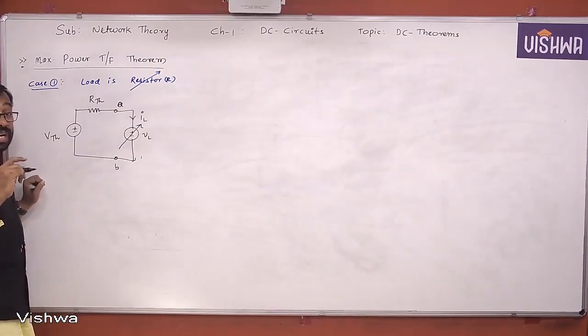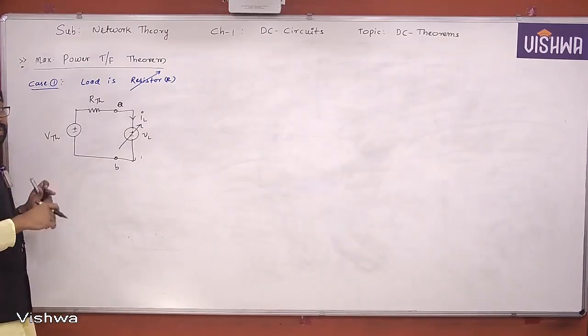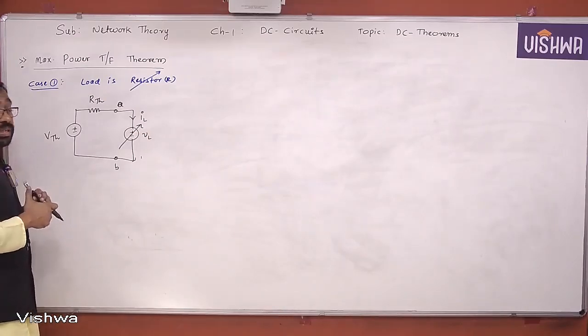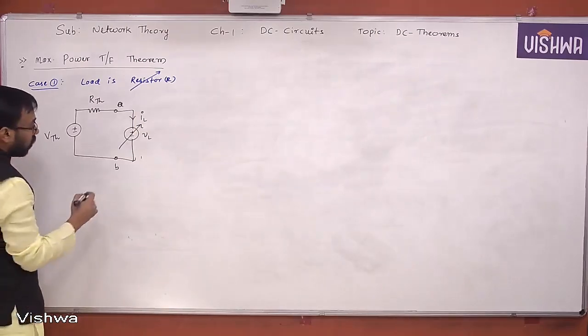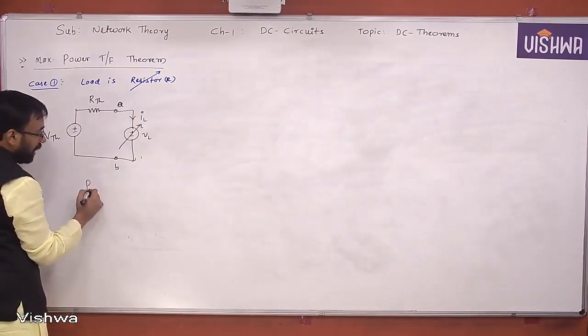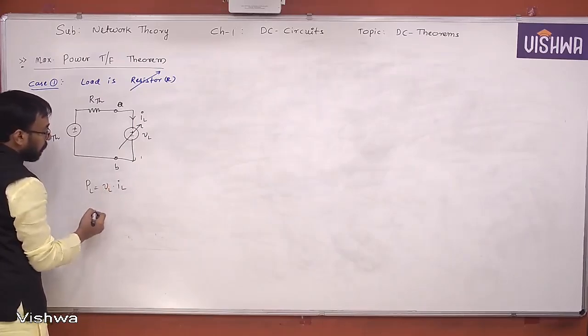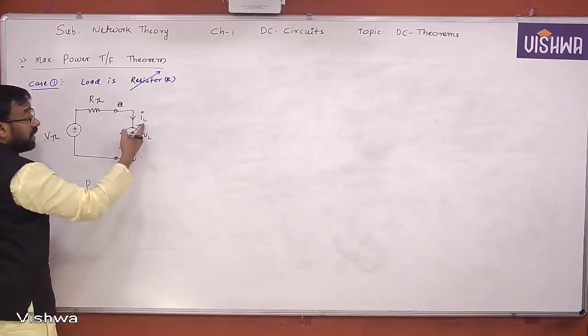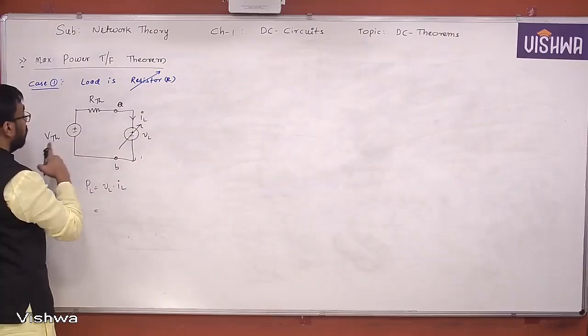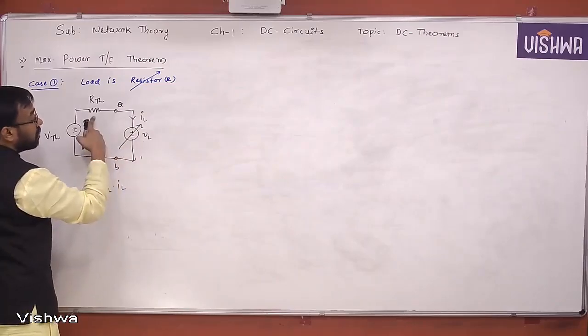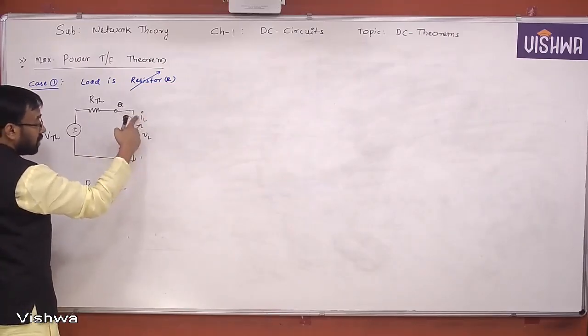What is the maximum power transfer condition? What is the condition that we mentioned? The load must be variable. Okay. So therefore, now we'll see PL is equal to VL into IL. But there are two variables. When VL is varying, we know that IL is nothing but VTH minus VL by RTH. When VL is changing, IL will also change.